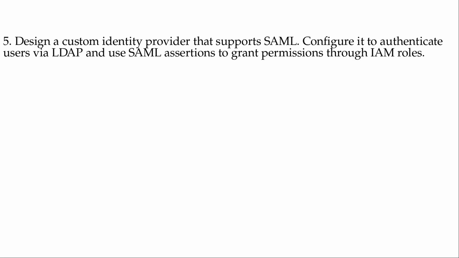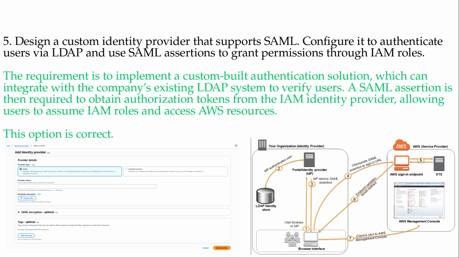Finally, the last option: design a custom identity provider that supports SAML. Okay, possible. Configure it to authenticate users via LDAP and use SAML assertions to grant permissions through IAM roles. So this is possible. The requirement is that when users log into their mobile application, they should be redirected to the identity provider, and the identity provider, after getting the username and password from the user, will verify that with the LDAP identity store.